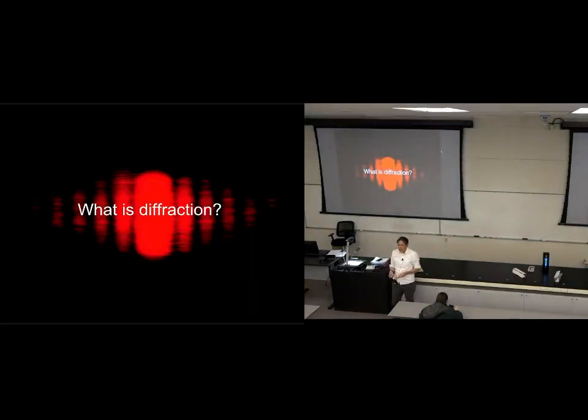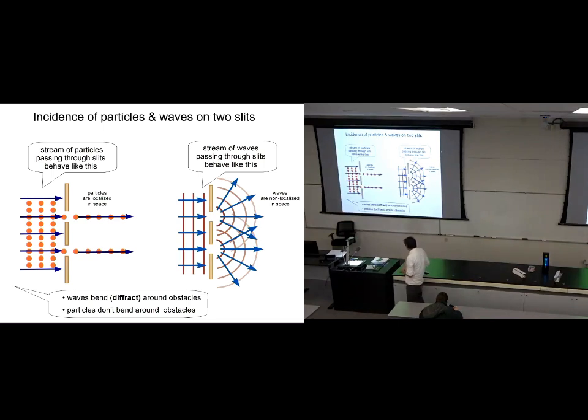But I better start with what is diffraction. We might know what diffraction is, or we might not. To start exploring it, I just want to start with this illustration, which shows particles striking an aperture or a slit in an obstacle, and it shows waves also striking an aperture or a slit in an obstacle.